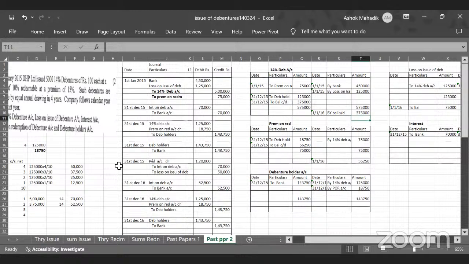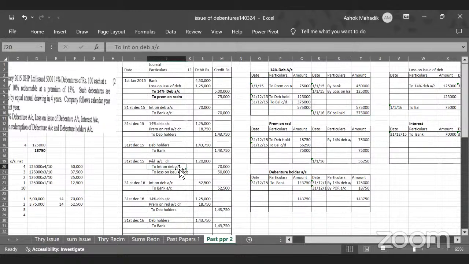So we won't be preparing DRR account or sinking fund account. So that sum is slightly easier than the DRR or sinking fund method. Clear? But when they say out of profit, you have to pass entries for transferring amount out of profit to a separate account.